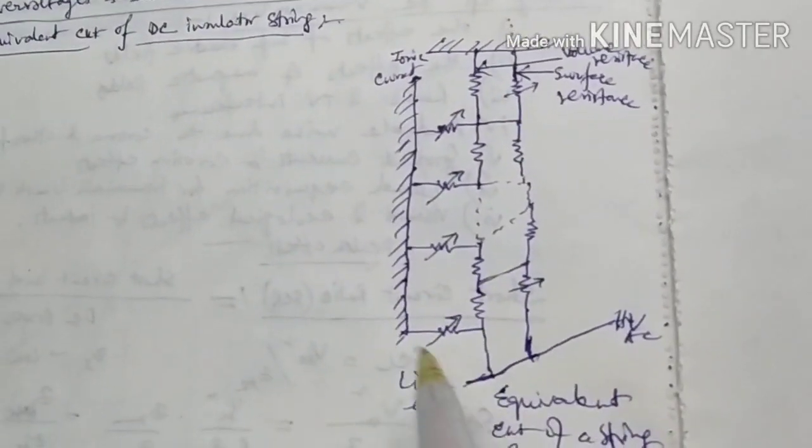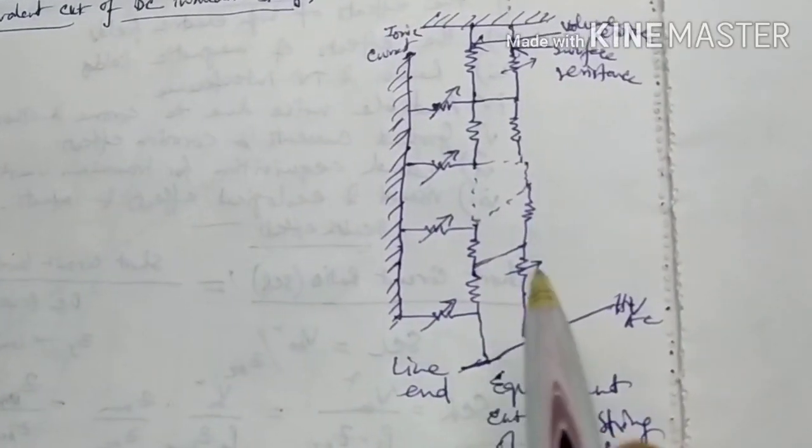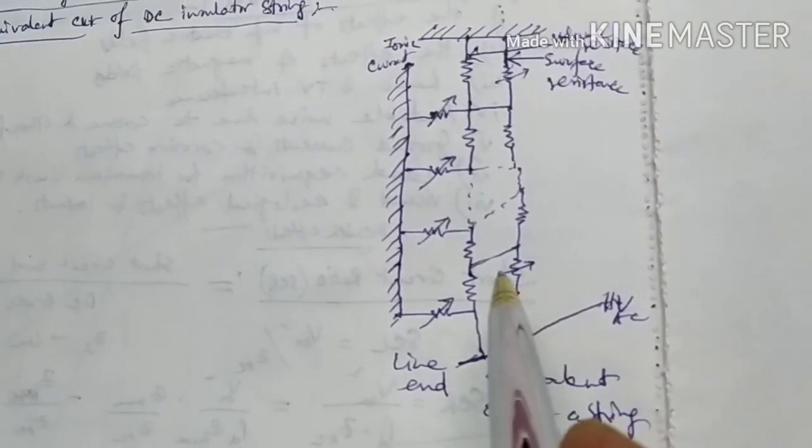And what is the significance of the different components?